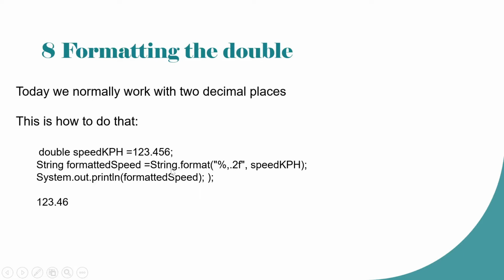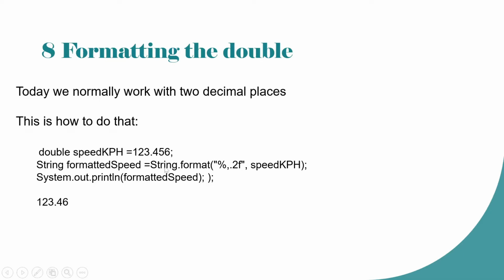So the string class gives us a format method. All you need to do is just paste this code like that. That tells the string class that I want to have 2 decimal places. .2f gives me 2 decimal places, and then you pass it this value here. So this almost looks like the string is a wrapper class, and this looks almost like a parser method, but it's a special method.